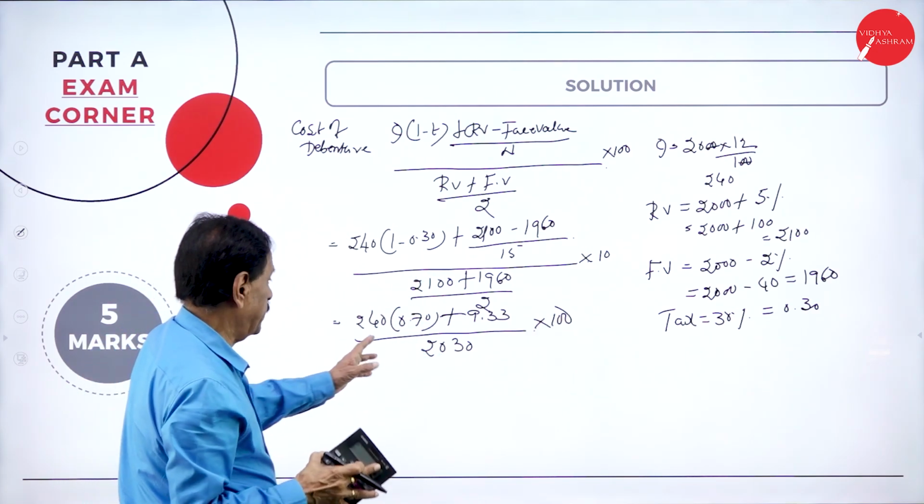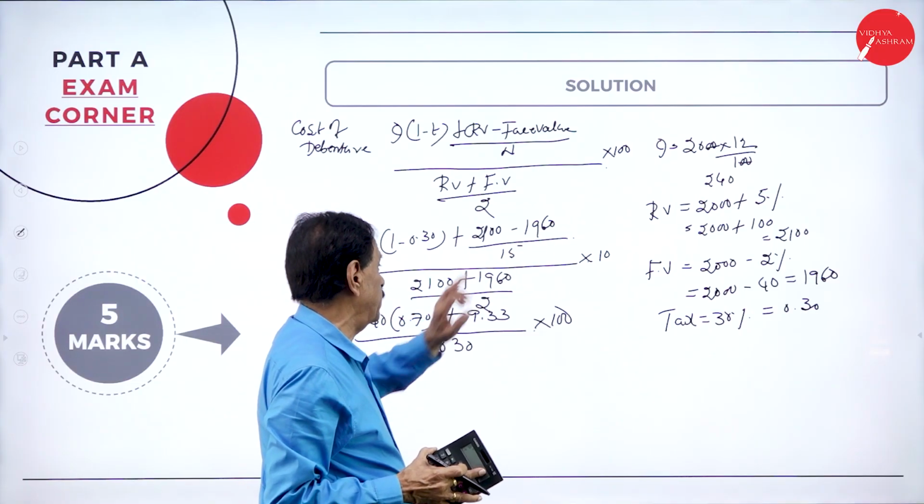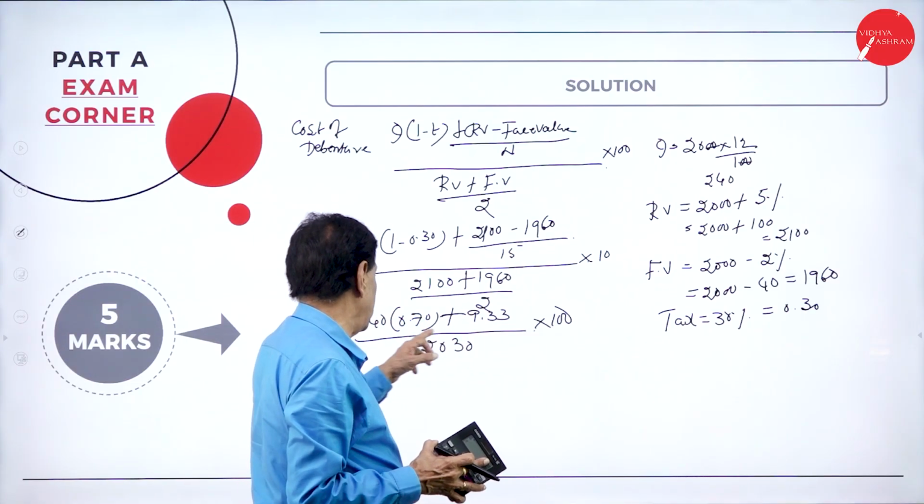So 240 into 0.70, that is 168, plus 2100 minus 1960 divided by 15, which becomes 9.33.